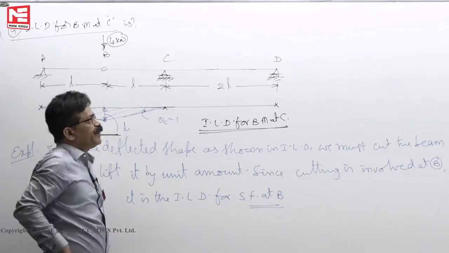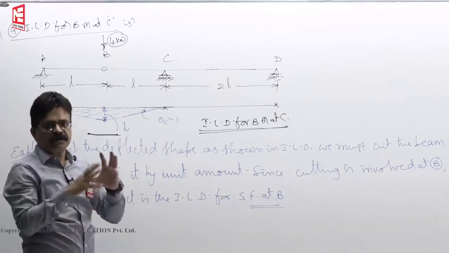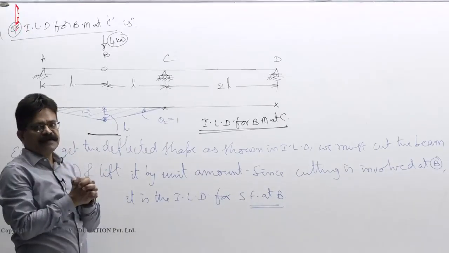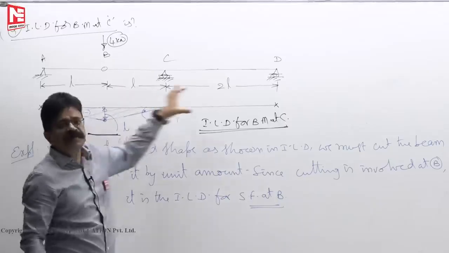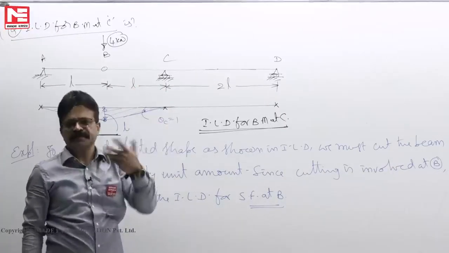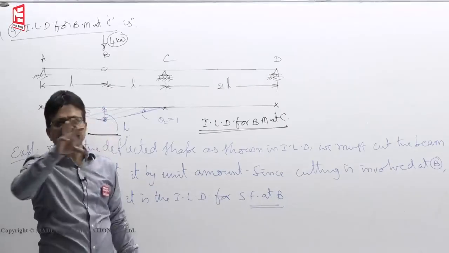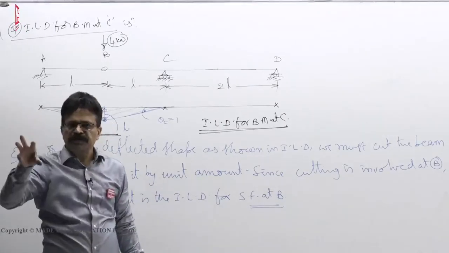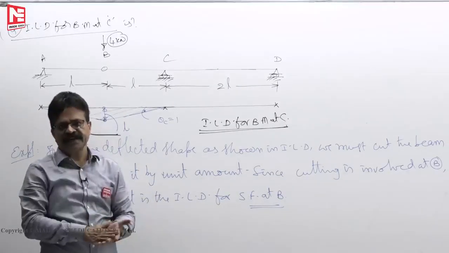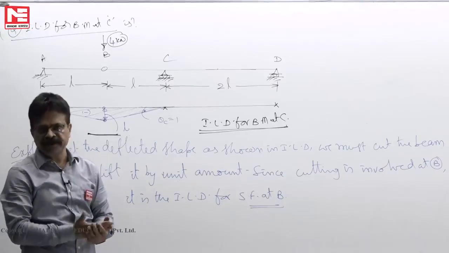Now, you can also draw influence line diagrams when a unit moment is moving, which is an imaginary load only. That means when a moment acts at different locations, how does that moment influence the reaction, shear force or bending moment?